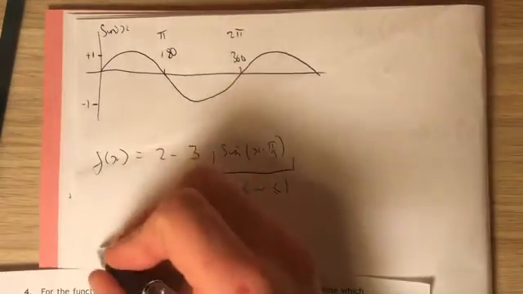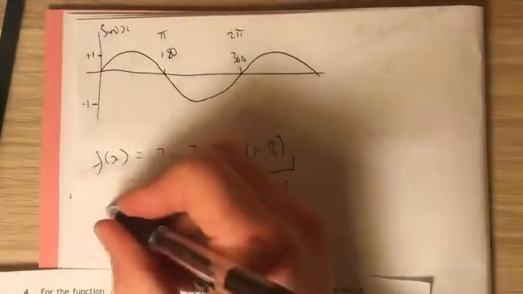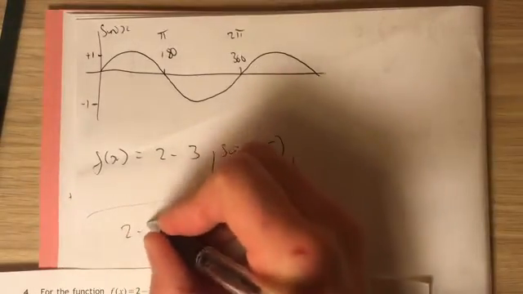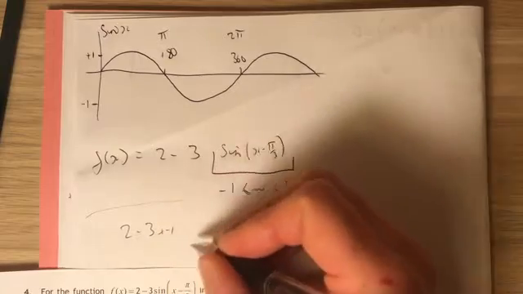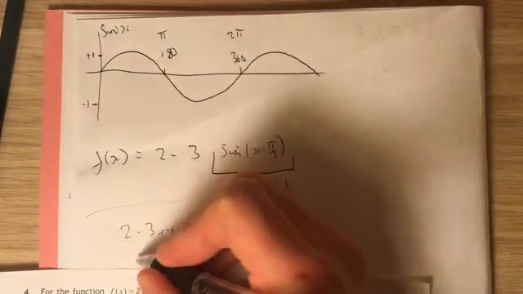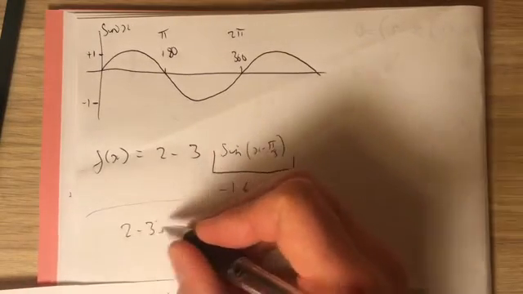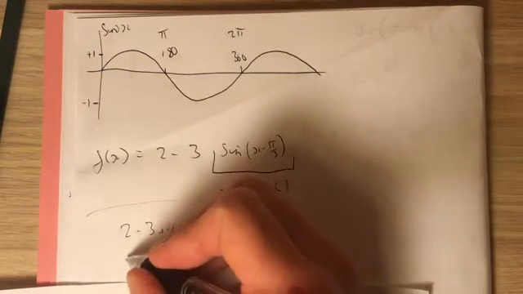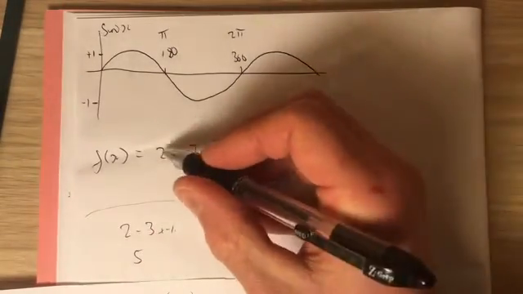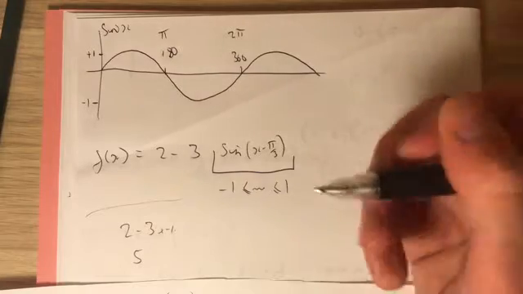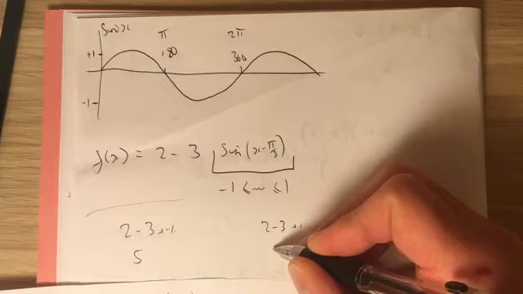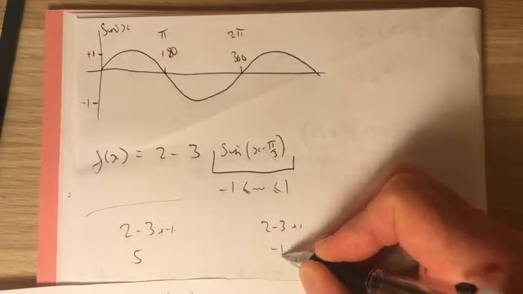So when this is minus 1, I've got 2 minus 3 times minus 1. So this is times together, obviously. So that's going to equal minus 3 times minus 1 is plus 3. So I've got 5. At plus 1, what's going to happen? I've got 2 minus 3 times 1, which is actually 2 minus 3, which is actually negative 1.